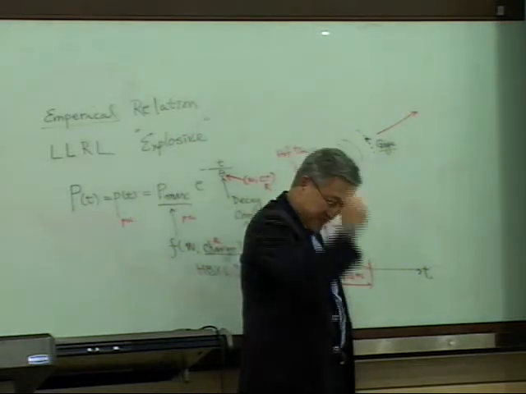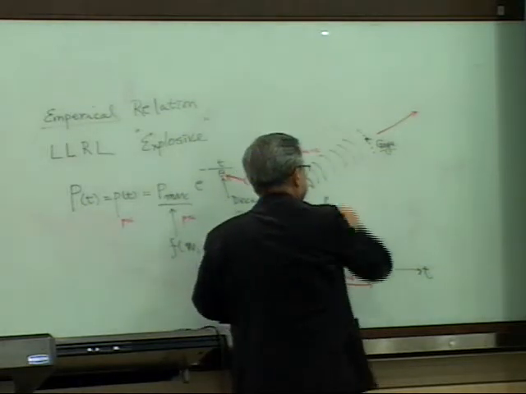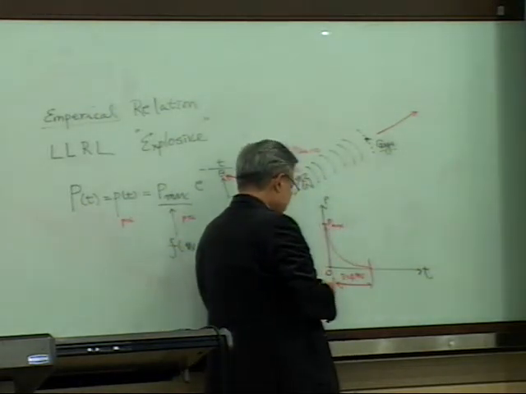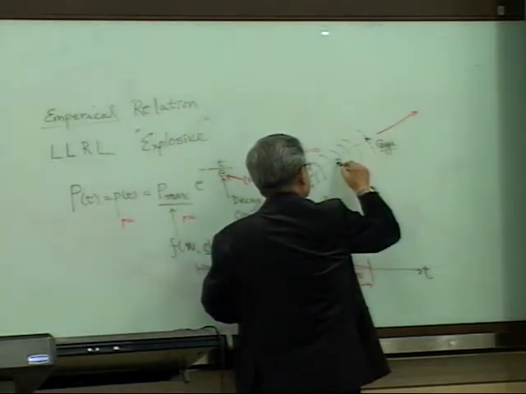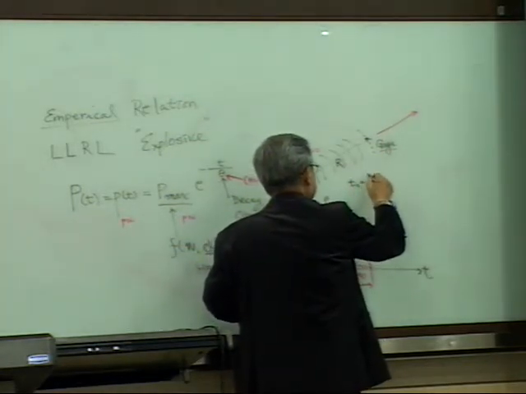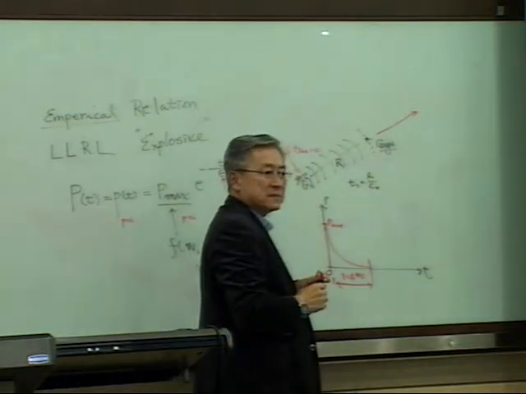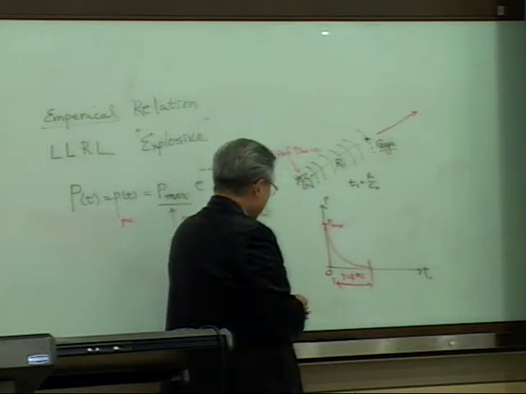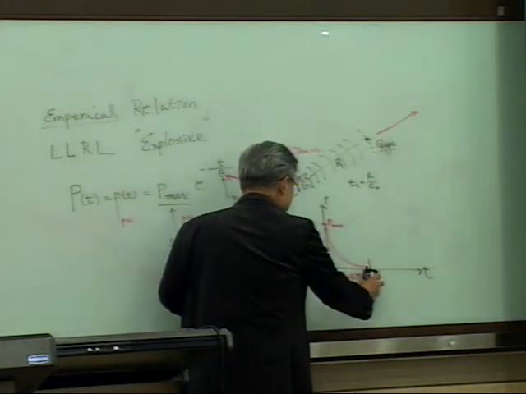Then from here to here, it takes a time, right? If this is r, it takes a time t1, which is r over c0, right? It takes a little bit of time, so how can I modify this?